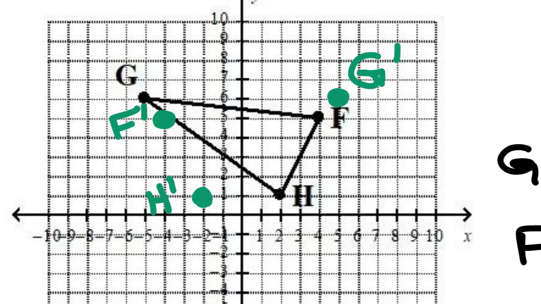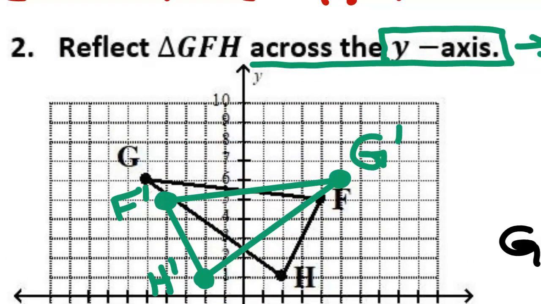And then I grab a straight edge and I connect those points. If you look carefully, it looks like we have taken the original triangle and flipped it over the y-axis. This is the reflection that's happened here.